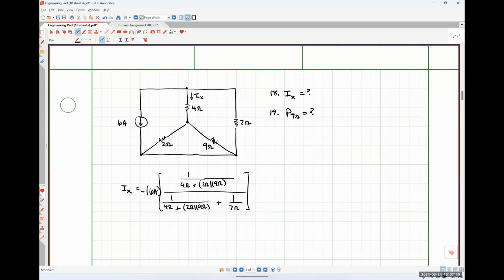So this is how I would set things up, where I'm just using that notation 2 in parallel with 9, as opposed to writing out 2 times 9 over 2 plus 9, which would have just been 18 over 11. That's not that big of a pain to write.